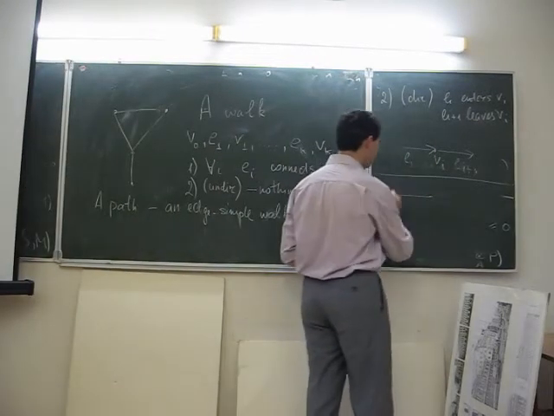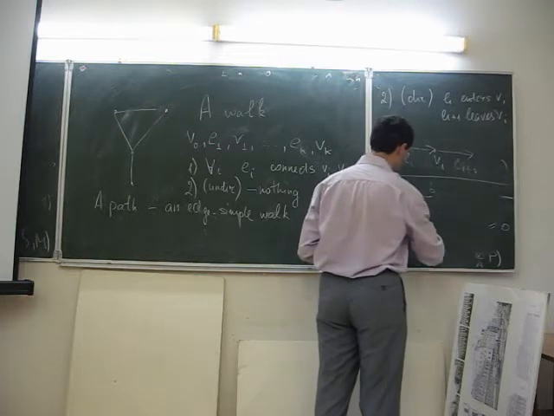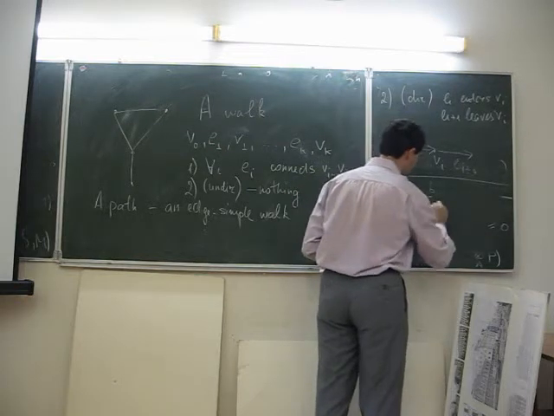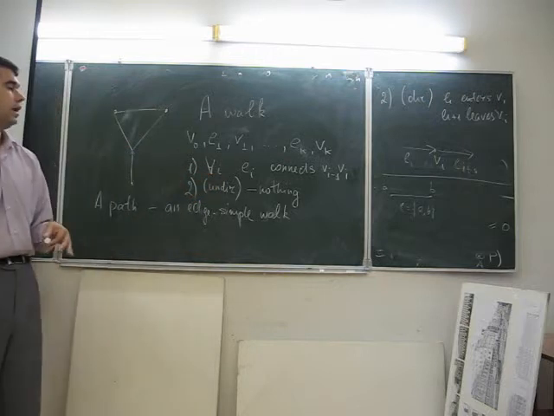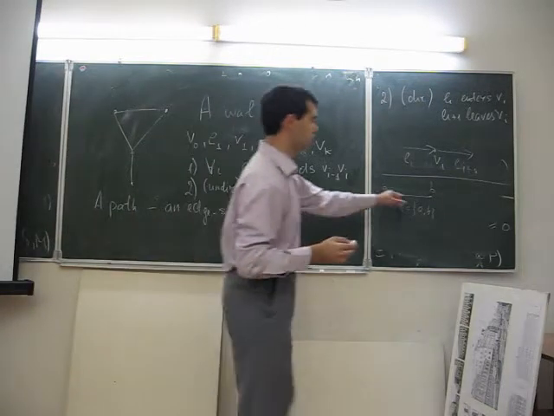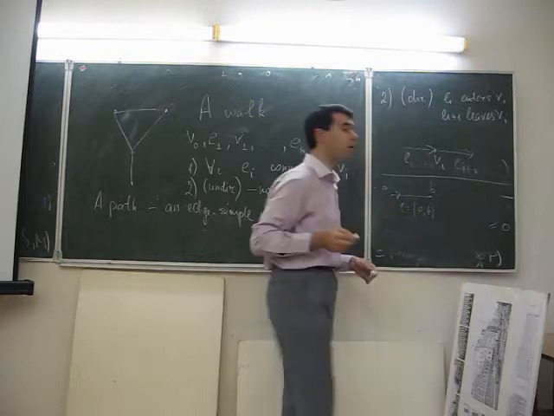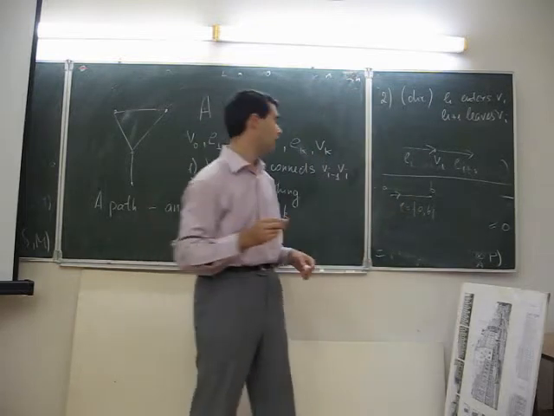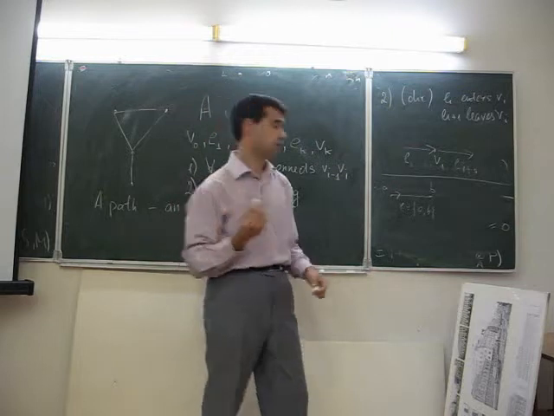we consider its ends, let me say A and B, and the edge connects A and B. We consider its ends and assign directions to these ends. So we draw some arrows, and for each edge and for each of its ends, there are two possibilities.